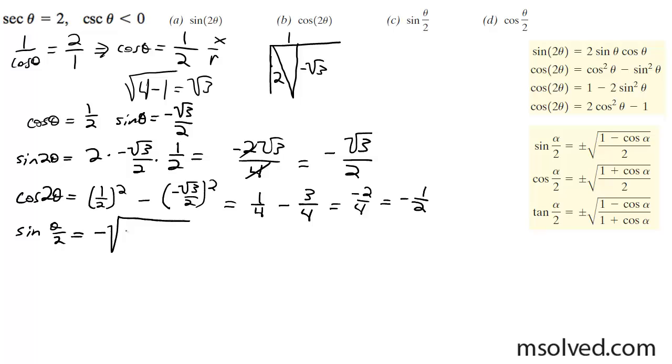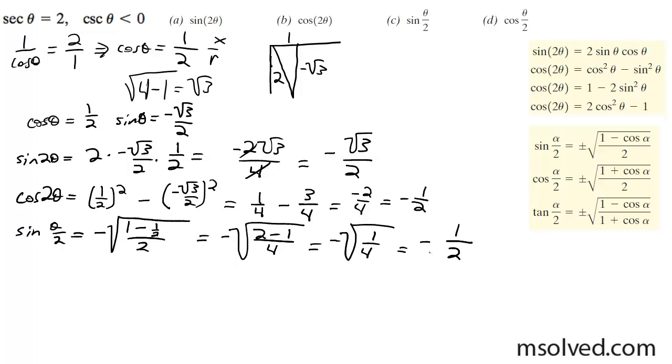So here we're going to have negative square root of 1 minus the cosine, which is 1/2, divided by 2. We're going to have negative square root of 1 divided by 2 minus 1 divided by 4, which is going to be equal to negative square root of 1 over 4, which is just equal to negative 1 over 2.